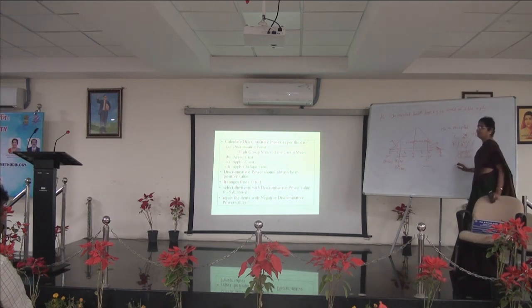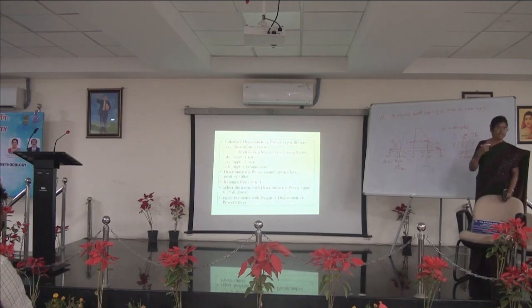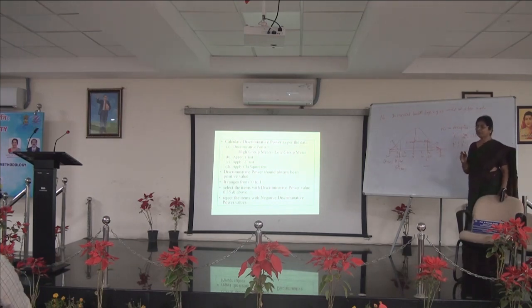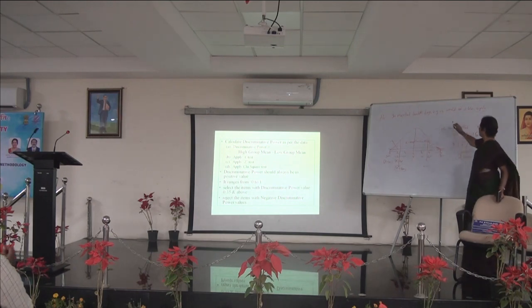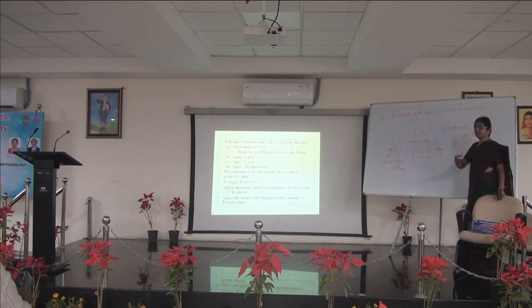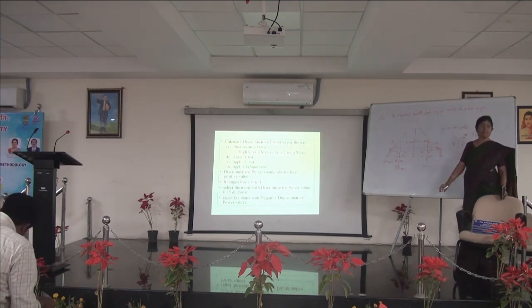Whenever the calculated value is equal to or greater than the table value, you have to consider the difference as significant. The difference is a true difference. What you have to do then is reject your null hypothesis.